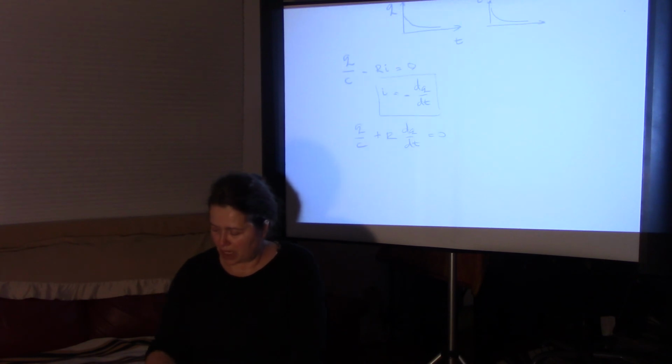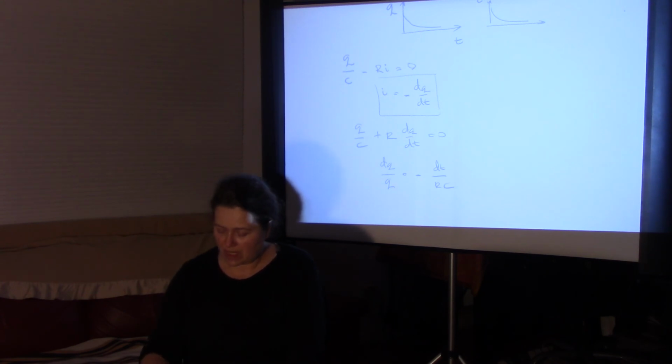Again, we want to isolate our variables, and as we do that, we will have dq over q on one side, and on the other side a negative dt over RC.